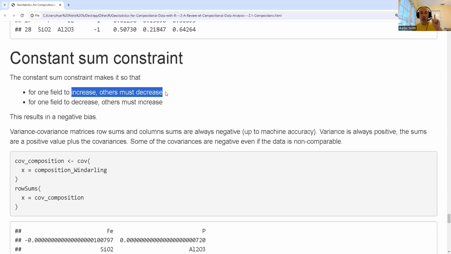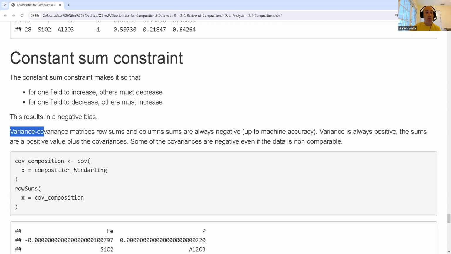Also, if one value decreases, then at least one somewhere has to increase to keep it adding up to 100. Because of this, we're set up to have a negative correlation when dealing with compositions. And so we have a negative bias on our correlations.